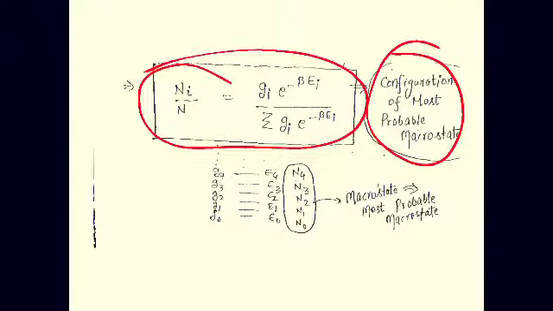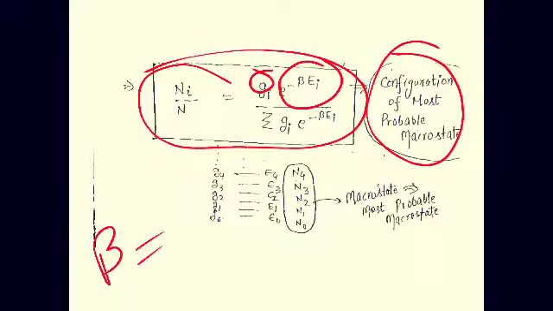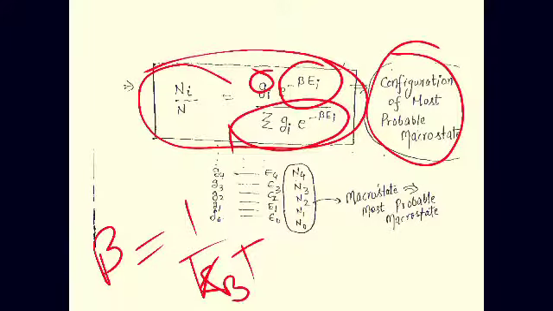Because you know gi, the degeneracy of that particular energy level, and beta equals 1 upon kBT. I have written it in the next slide, but try to note it down. kB is the Boltzmann constant, and T refers to the temperature. You know all these things.